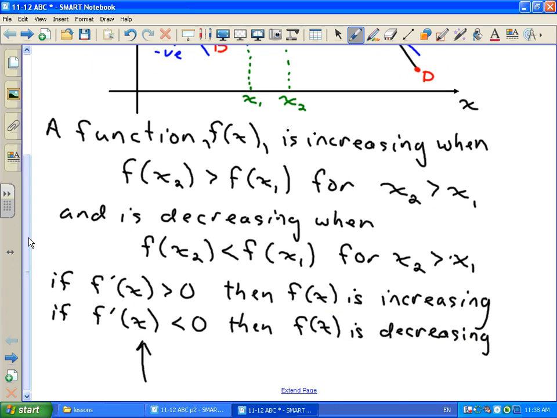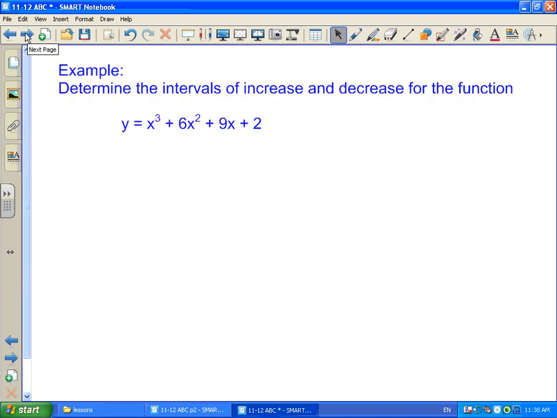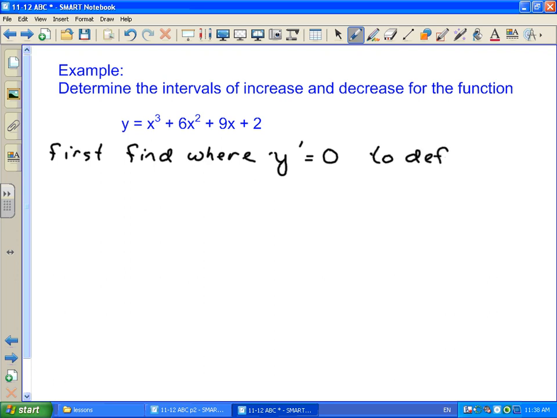So let's go back to our example here. Okay, we got our function here. The first thing we want to find is, let's just say first, find where y prime equals 0, because that is going to divide up our intervals to define the intervals.